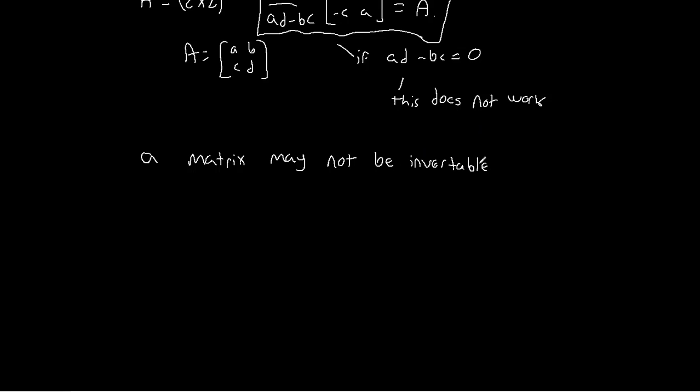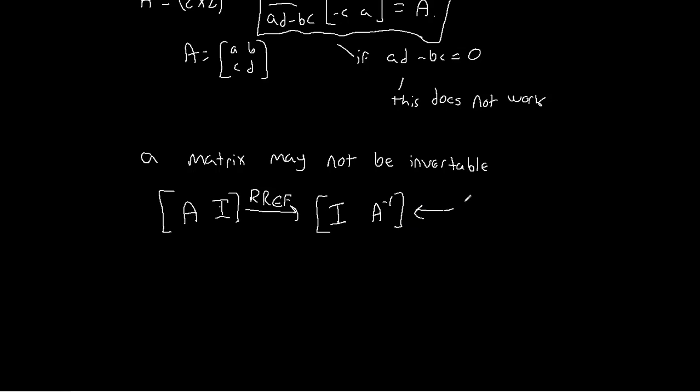We talked about this just a minute ago: if we have the augmented matrix A and the identity matrix and put that into reduced row echelon form, we should get I augmented with A inverse. This is invertible.